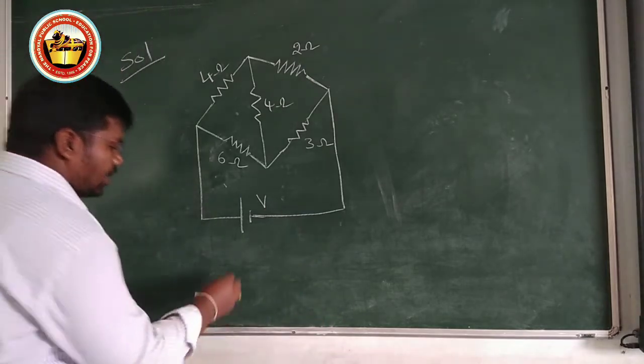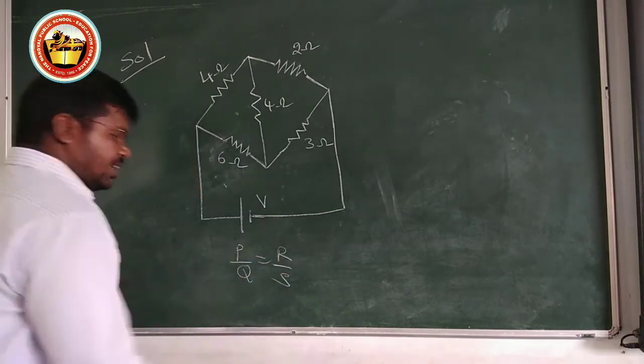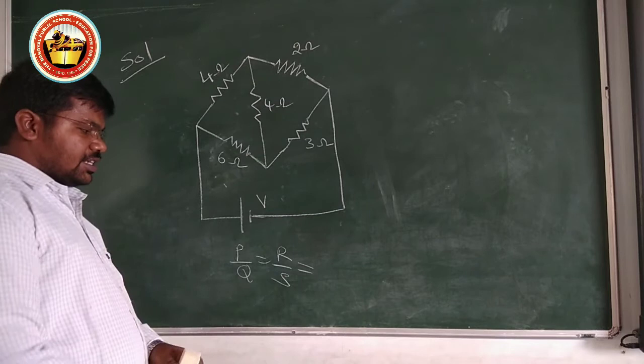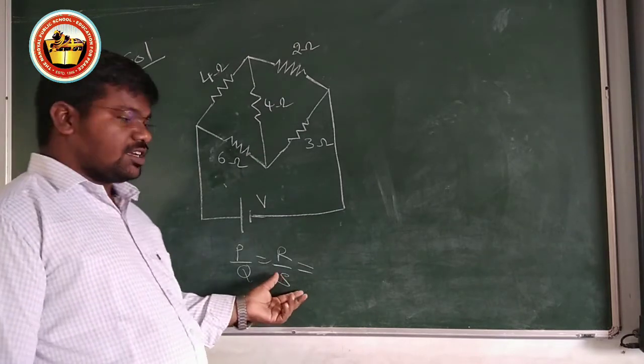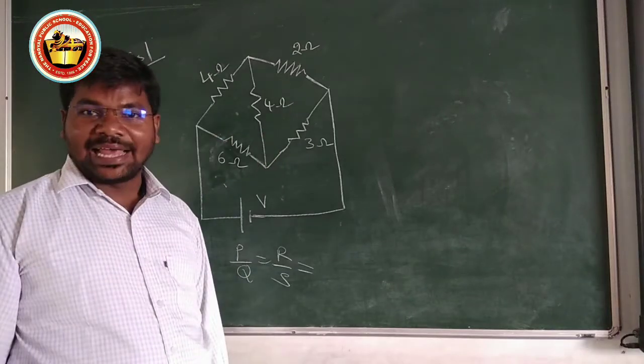Here P by Q is equal to R by S. If this ratio is the same, we can remove the 4 ohms, because the bridge is balanced.